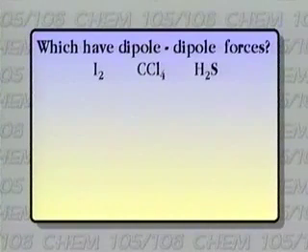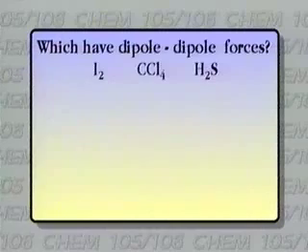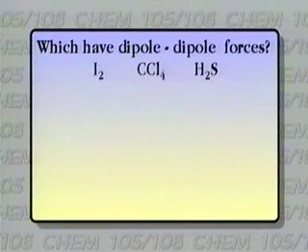Now, to determine which has dipole-dipole forces, we have to know which of these are permanently polar molecules, meaning we have to do a Lewis structure. So if we're going to determine which is a polar molecule, the first thing we'll have to do is draw the molecule itself. Well, the first one, I2, is pretty straightforward.